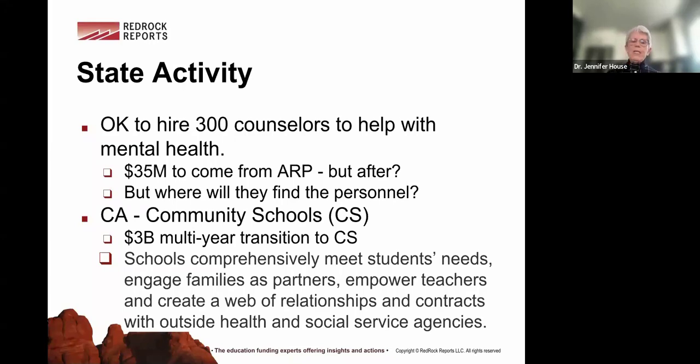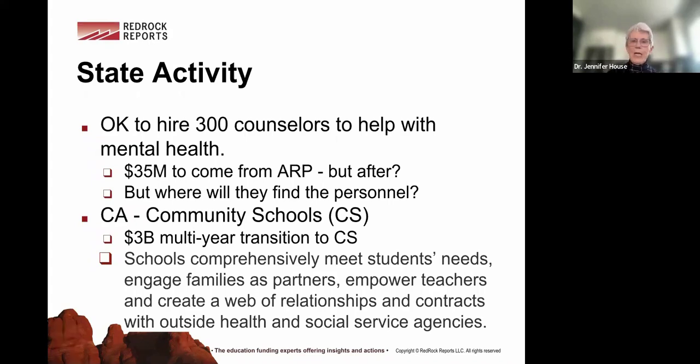California is really doing more, and I'm tracking legislation across the country. We're seeing the rise of the community schools. If you think of it as it takes a village, money in California. So the governor has appropriated $3 billion for multi-year transition to community schools.